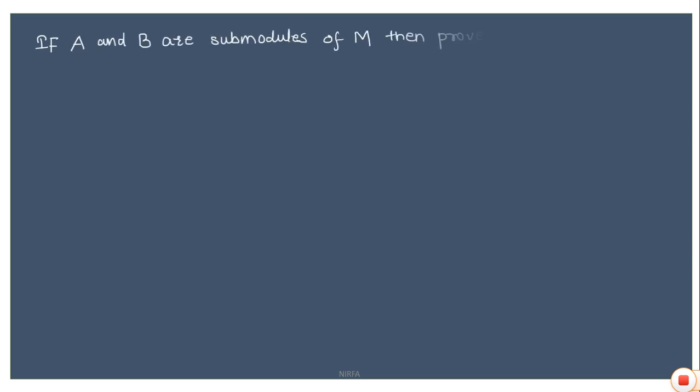If A and B are submodules of M, then prove that the intersection of A and B is also a submodule of M. So this we want to prove here. Our target is, if we read the example or theorem, to show that A intersection B is a submodule of M. Before that, it is already given to us that A and B are submodules.